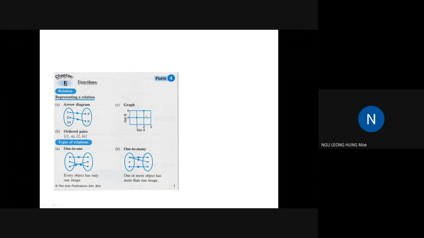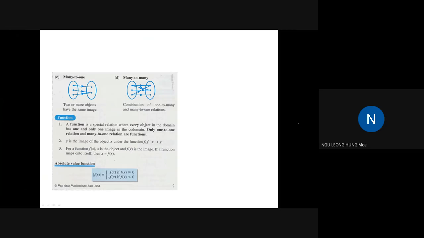So in the graph type, s-axis is always object. This one is image. This one is object. Okay, composite should be no problem.